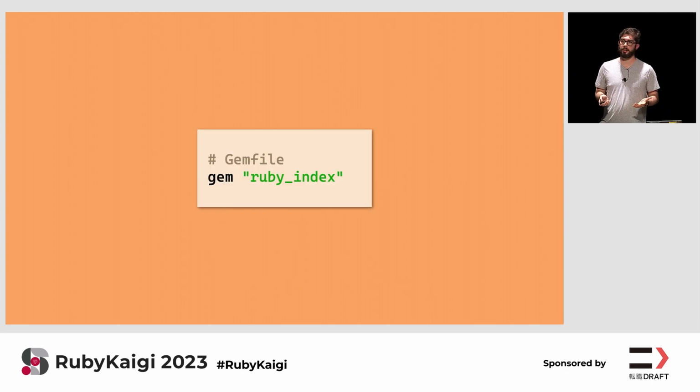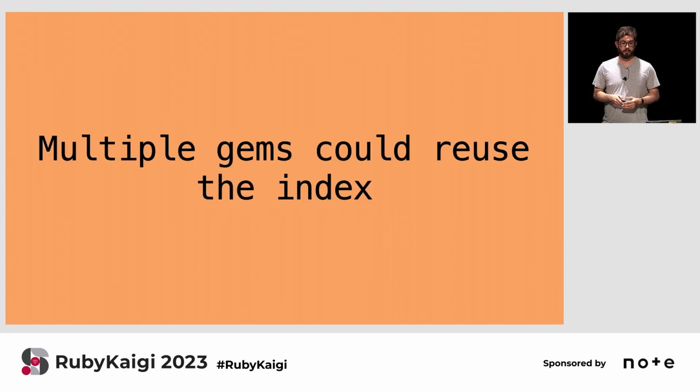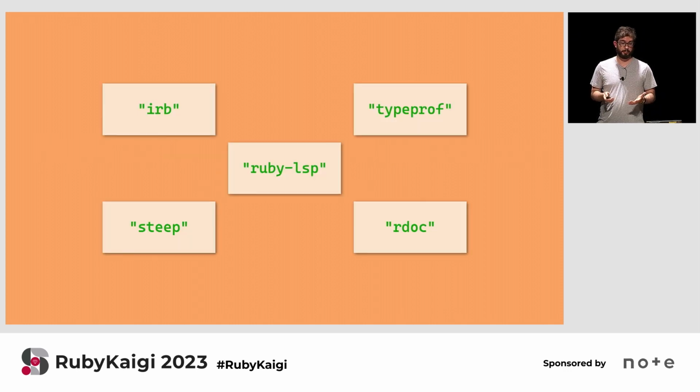And this could even be a separate gem. It doesn't necessarily need to be completely implemented in the Ruby LSP. There are other gems that could potentially benefit from a Ruby index implementation. Some examples of gems that can use an index or that already use their own index are typeprof and steep.